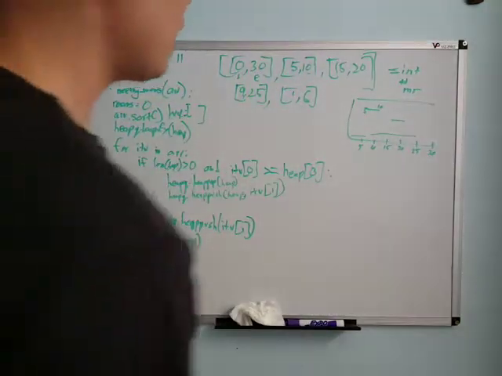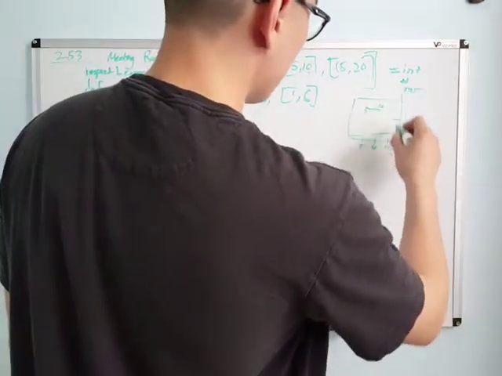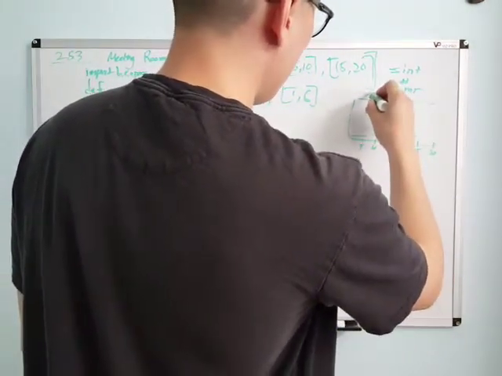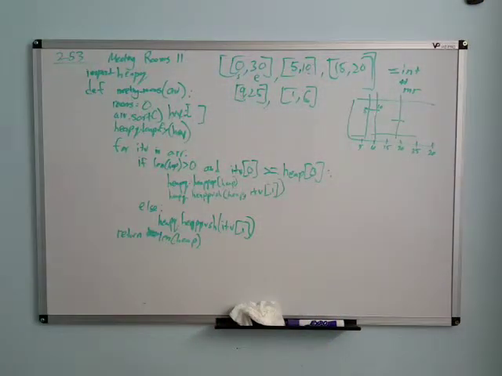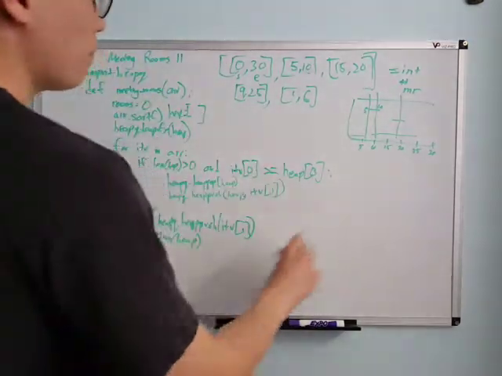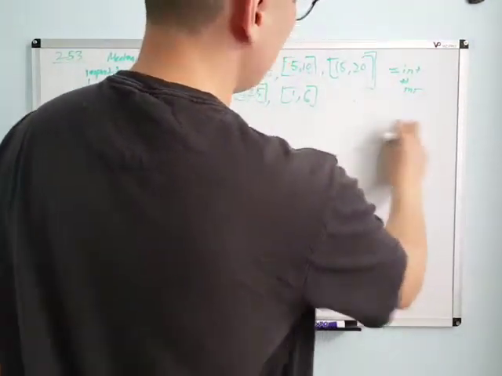Alright, so it looks like 3 is going to be our number here. Right here, here, and also here. But it's always just going to be 3, so we're going to need 3 rooms total for these meeting times.